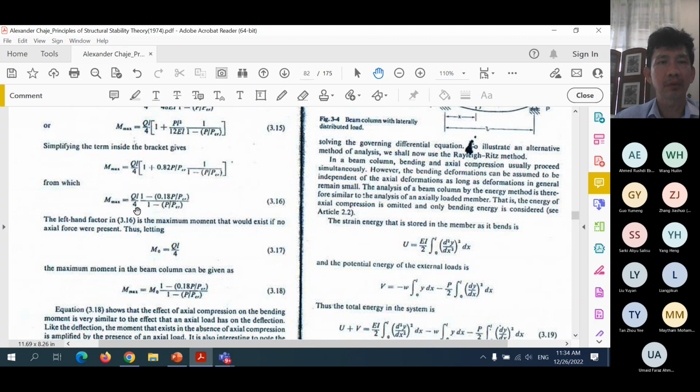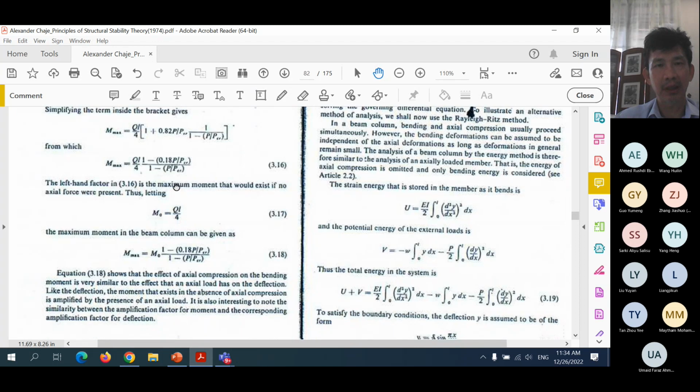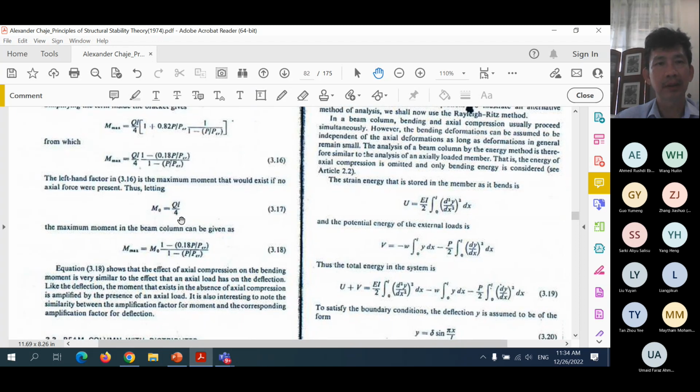Now we make it into this expression multiplied with QL over 4. This QL over 4 we represent as M subscript 0, which is the maximum moment that will exist if no axial force were present. You can easily confirm that QL over 4 is the maximum moment in the beam caused by a point load acting at the center.